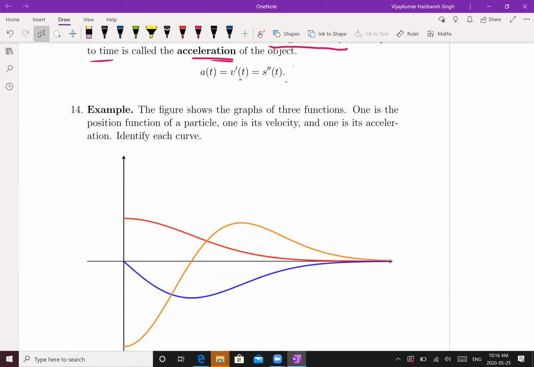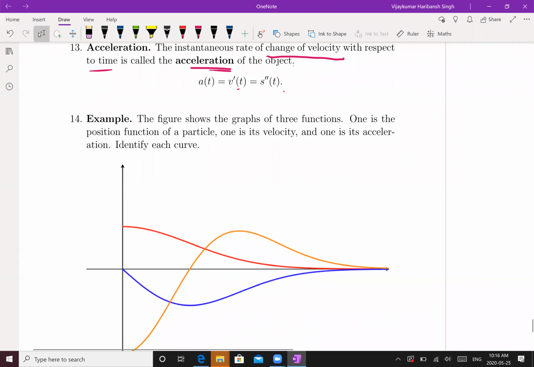So any ideas? How do we even approach this problem? In this case, let's see, where does this function become 0? It becomes 0 at this point, and it is decreasing from here to here. So that means its derivative should be negative, and after here, it should be positive.